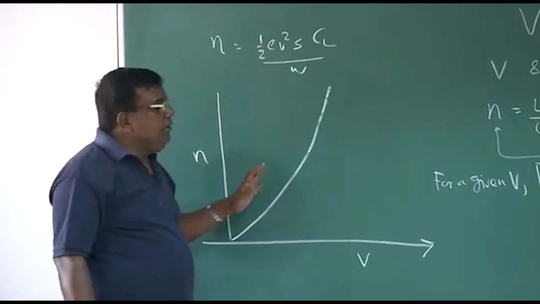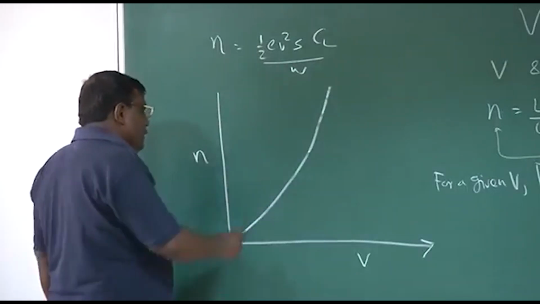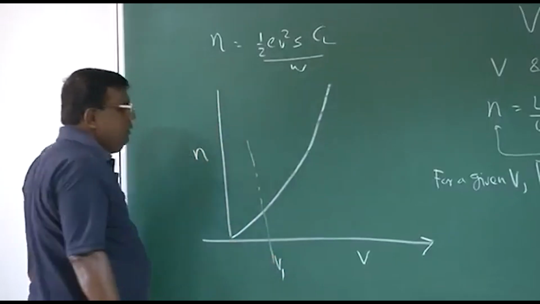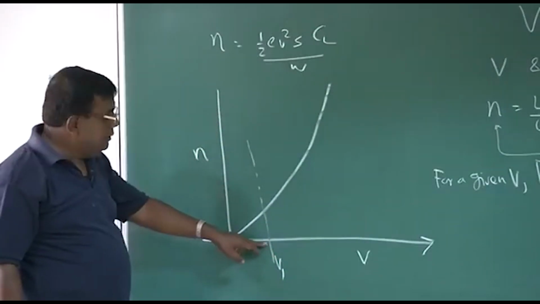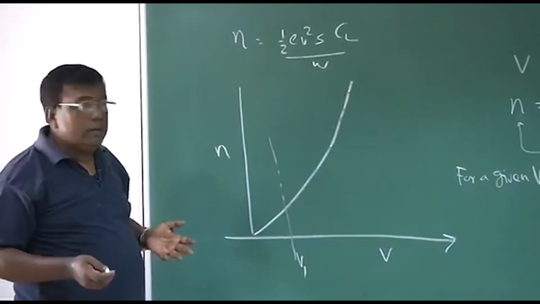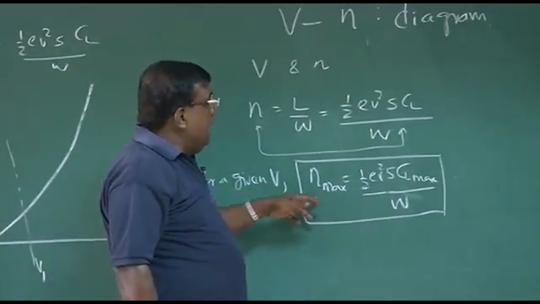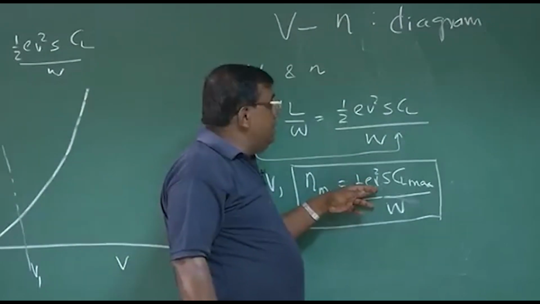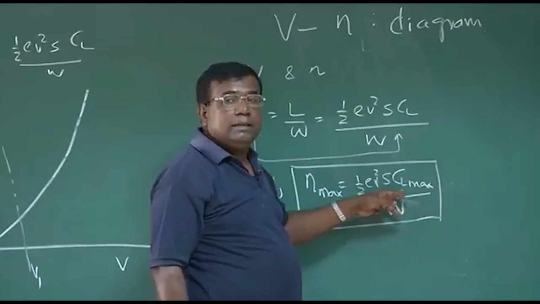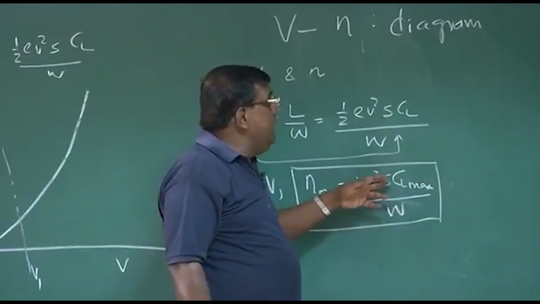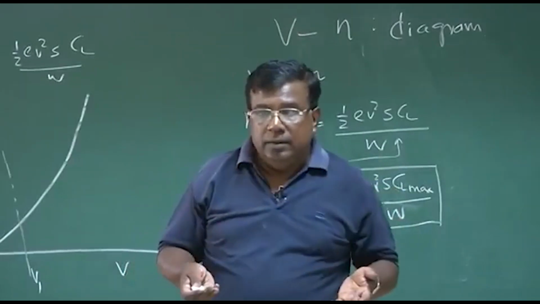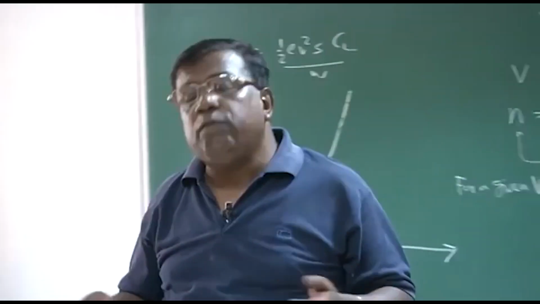Now let us try to give an interpretation to this. Let us say I want to fly at speed V1. What is the maximum load factor I can generate? From what we have understood, at a speed V, if you want the maximum load factor, you have to ensure that CL is CL max. And you cannot generate any load factor beyond N max, because after CL max the airplane will go into stall, and you are not flying in the stall.